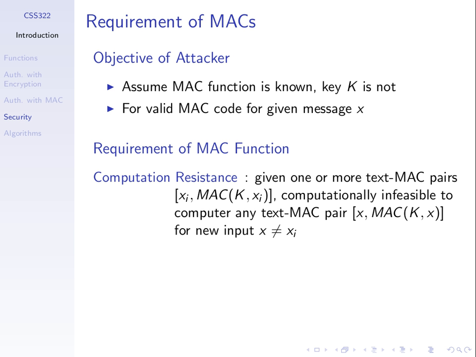That's what the property states. It should be hard for the attacker to find the tag of this message, even if they know the pairs of other messages, because they don't know the key.